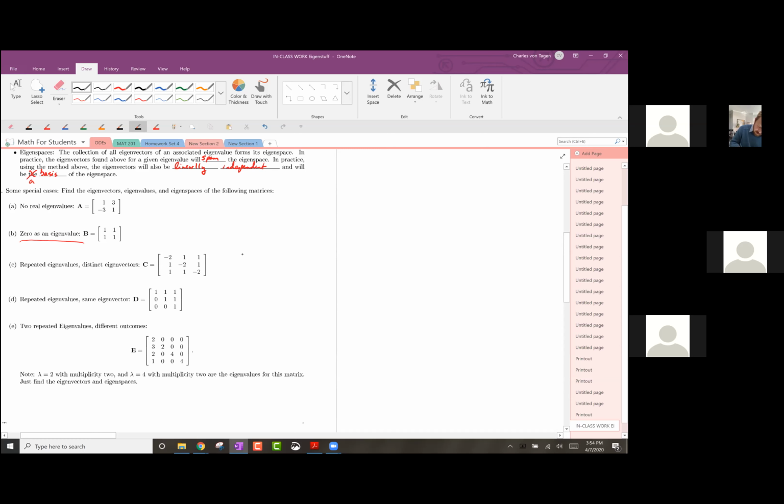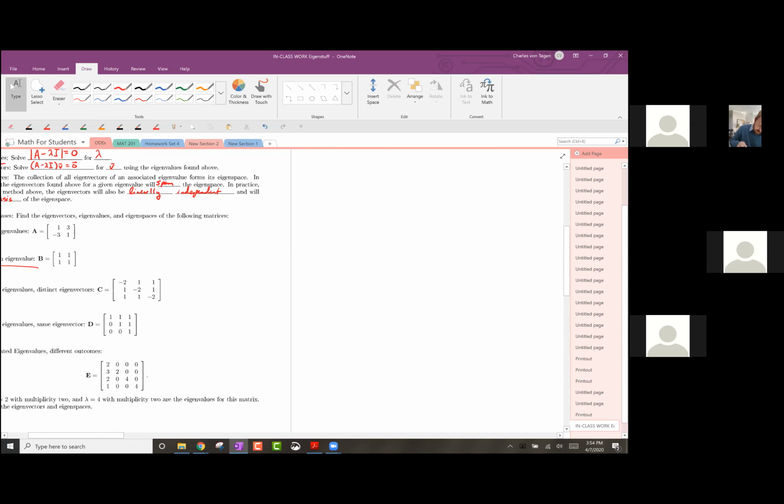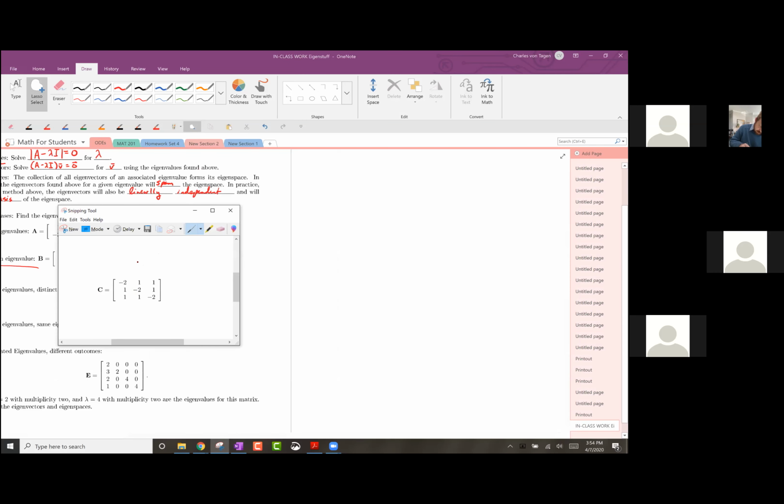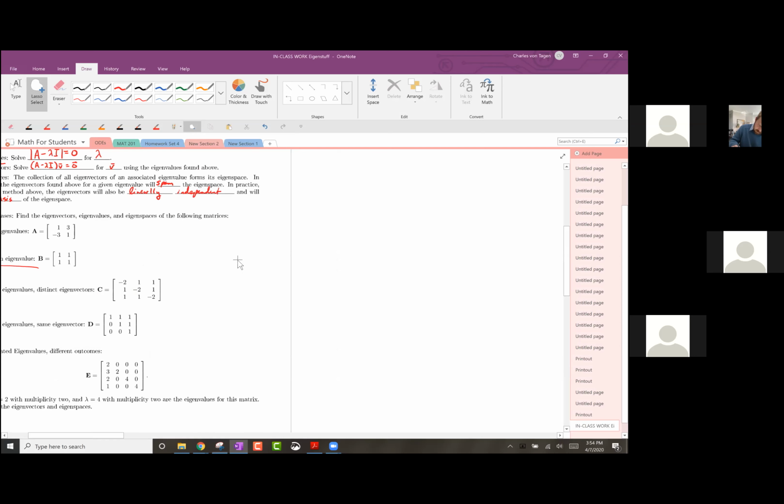So we're going to solve for the determinant of, let me put it over here. So for letter C, we're going to set the determinant of -2 minus lambda, 1, 1, 1, -2 minus lambda, 1, 1, 1, -2 minus lambda to be 0.